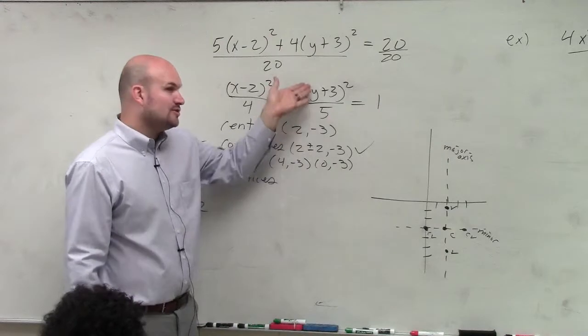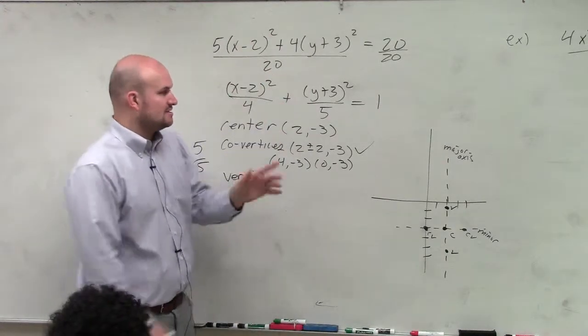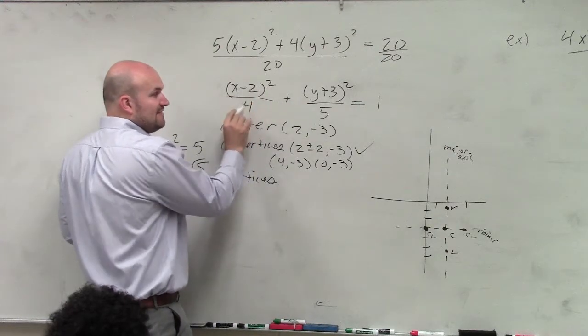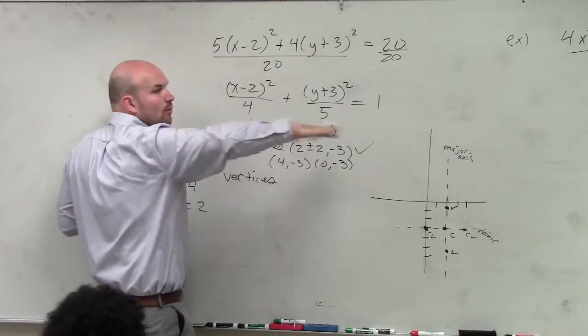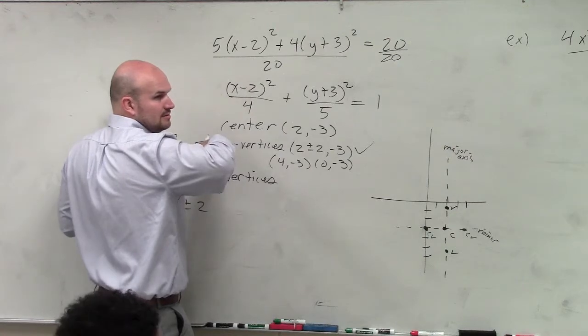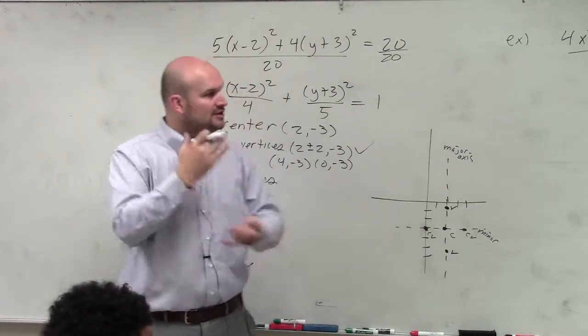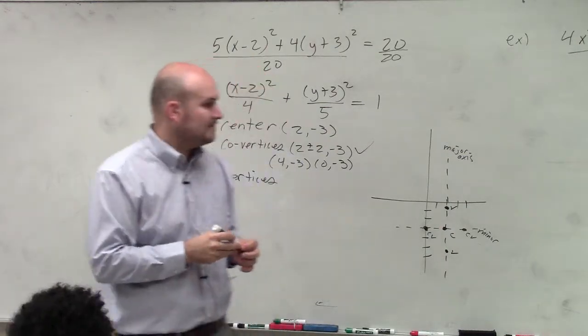If A squared is under the Y, you have a vertical major axis. If I swap these, and that's 5 and that's 4, and my A squared is under my X, then I'd have a horizontal major axis. Okay? So whatever I said or whatever you wrote down, just make sure you're clear on that from now on.